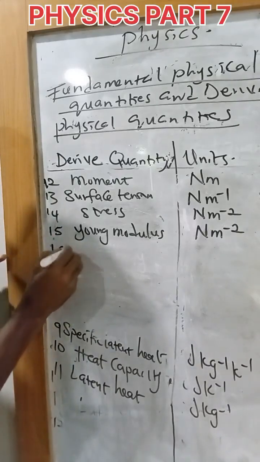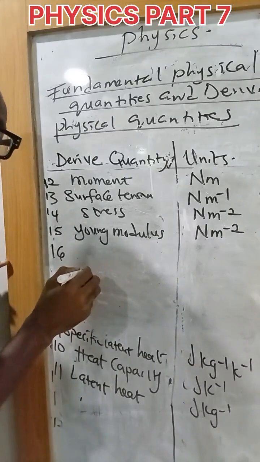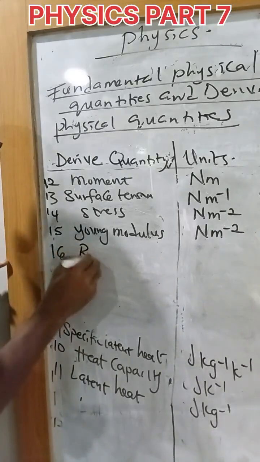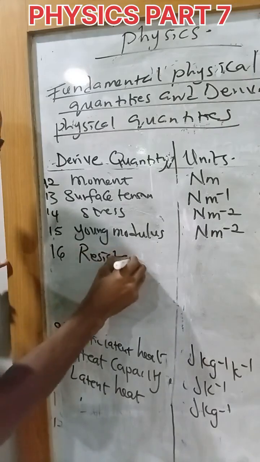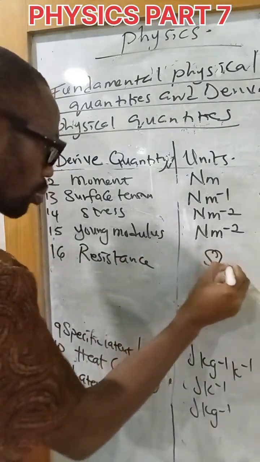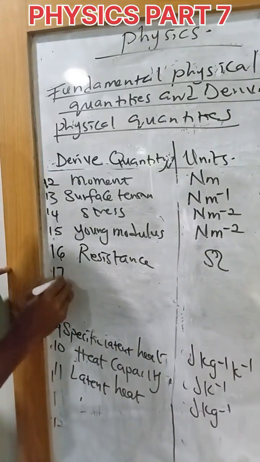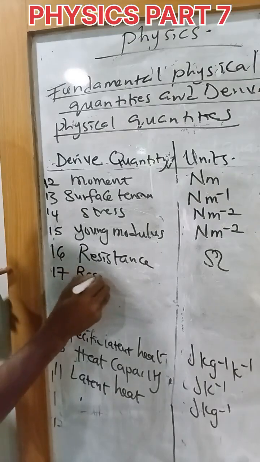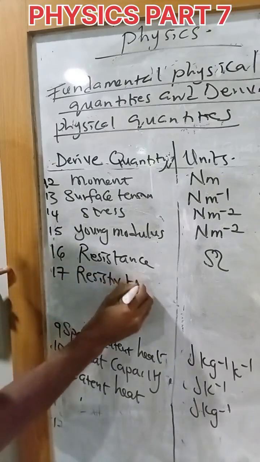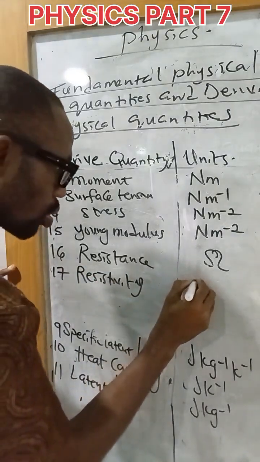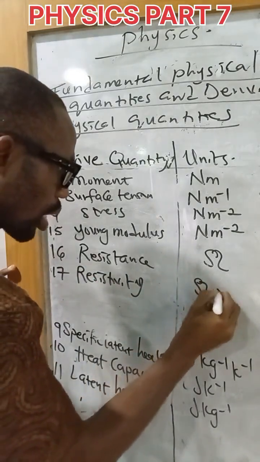Number 16 is resistance. Number 17 is resistivity, which is meter.